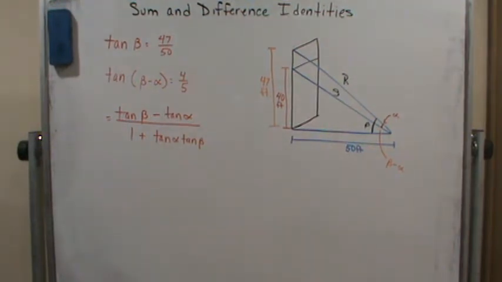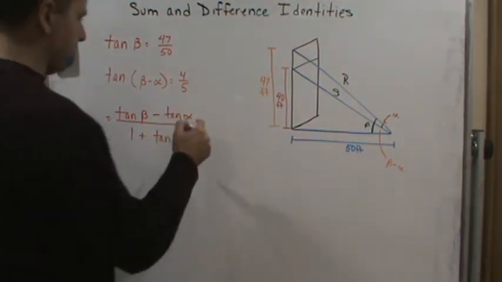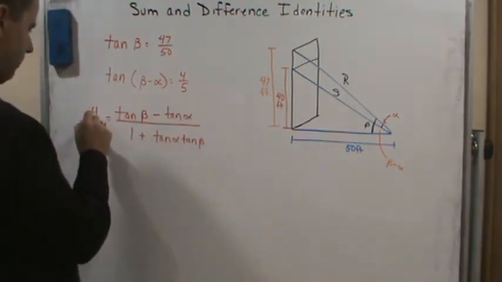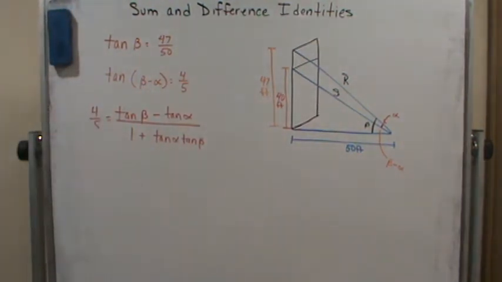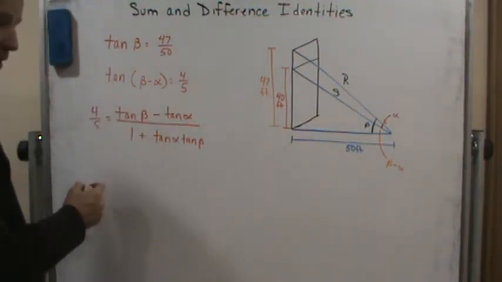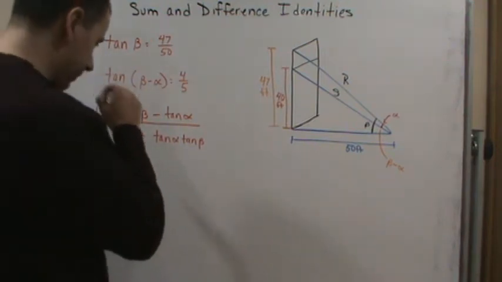And this is equal to 4/5, so we know this has to be equal to 4/5. We're going to plug in what we know, and then we'll see if we can solve for alpha. So we'll have to use some algebraic manipulation here.